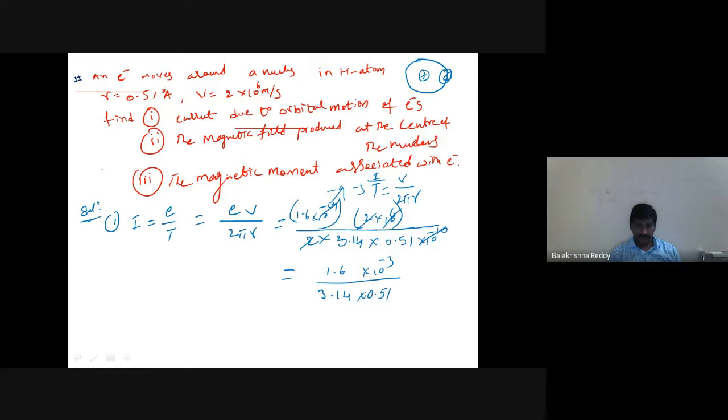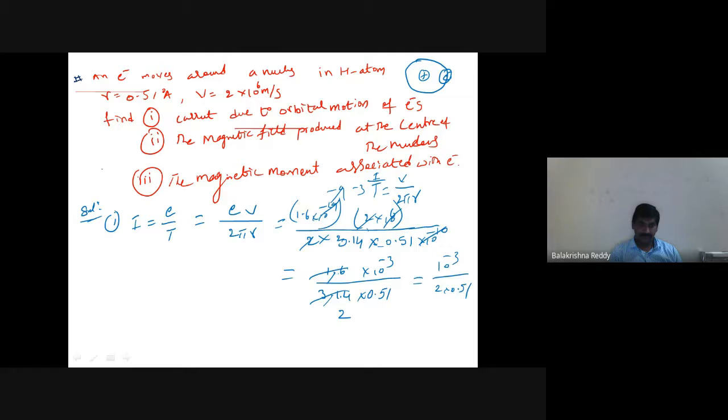Now, how do we simplify further? 3.14 and 1.6 are approximately in the ratio of 1 to 2, so I have 10 to the power minus 3 by 2 into 0.51, which is about 1.02.